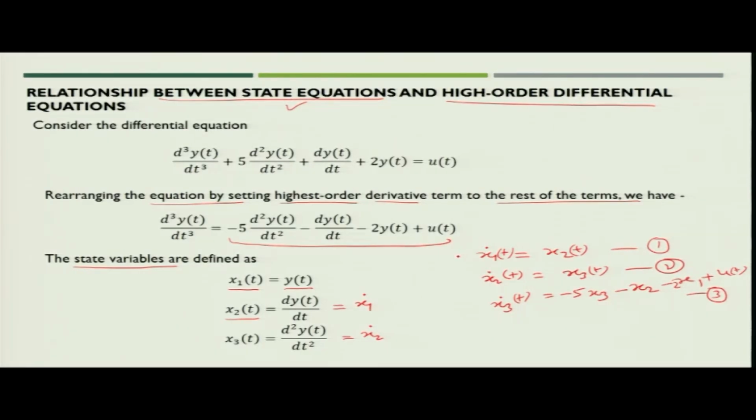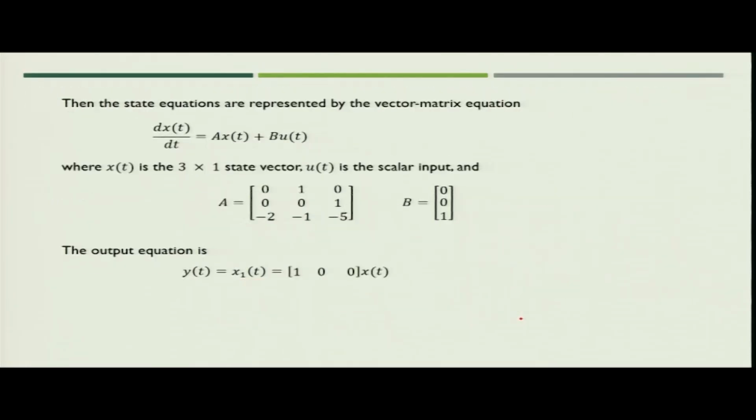So, these are the three equations, which are nothing but the state equations, because the differential equation has now been decomposed into state equations. Next, you have to compare with the standard state equation, that is dx by dt equals Ax plus Bu.